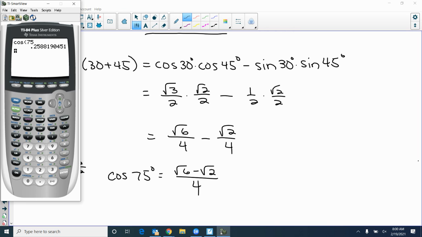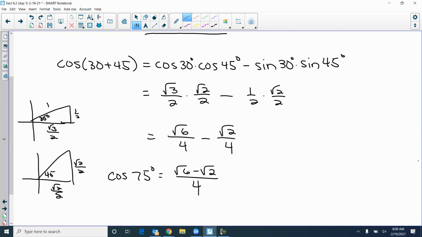And if I do the square root of 6 minus the square root of 2, and hit equals, and divide that by 4, you get the same answer. So this is how we find the exact value for cosine of 75 degrees.